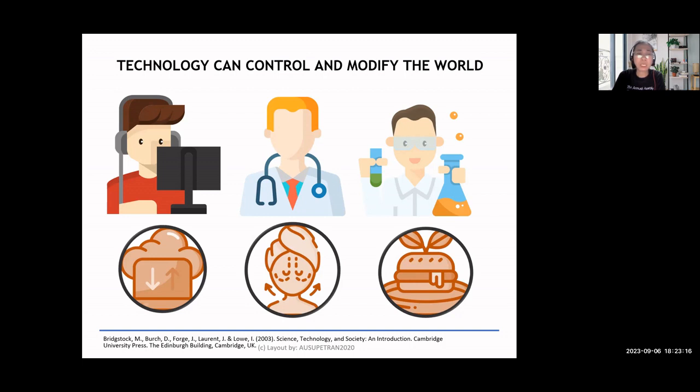So there is a higher survival rate because more and more technologies are being discovered to cure cancer. For instance, they have operations, chemotherapy, and radiation therapy. All of these are related to technology, and are products of technology.